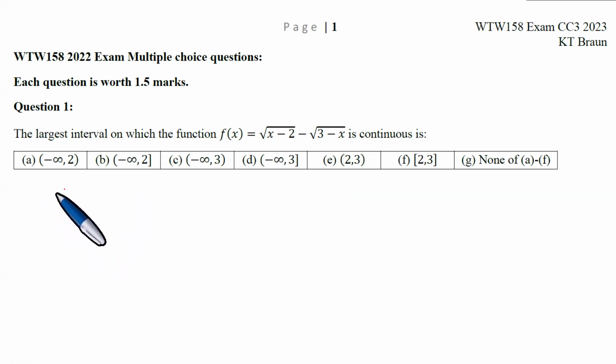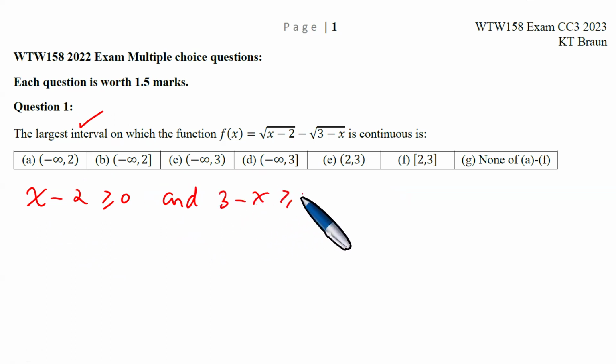To do that one, we need to look at the largest interval. To get the largest interval, there are a couple of things you need to take into account. First, we have x minus 2, which must be greater or equal to 0, and simultaneously 3 minus x is greater or equal to 0, because it is continuous whenever x is in the domain of this function.